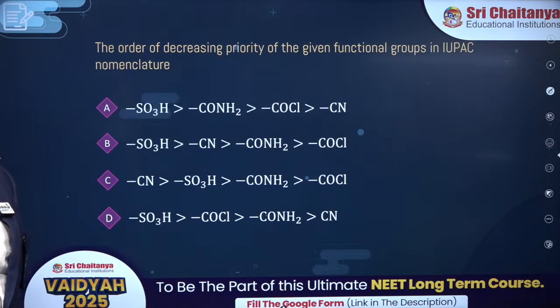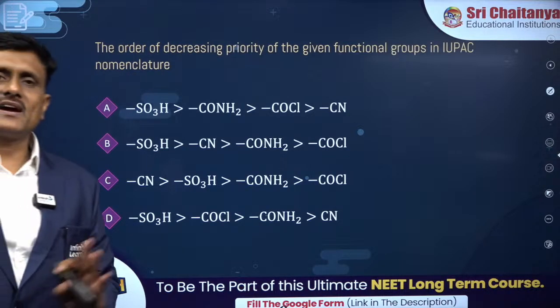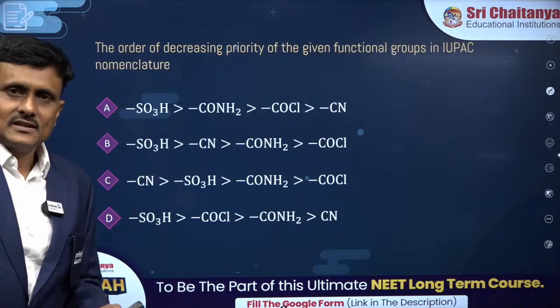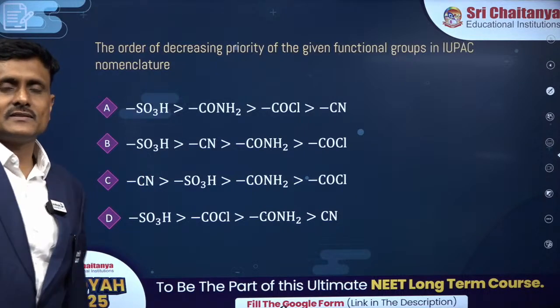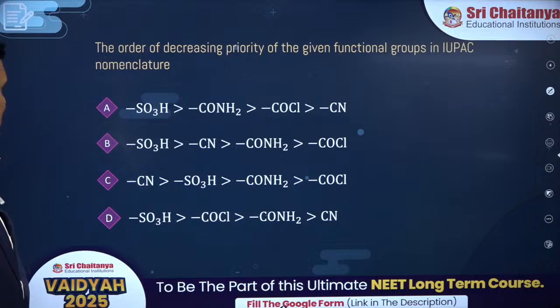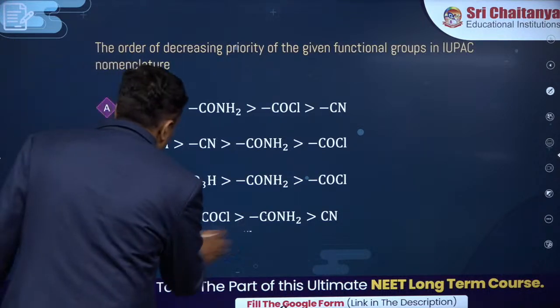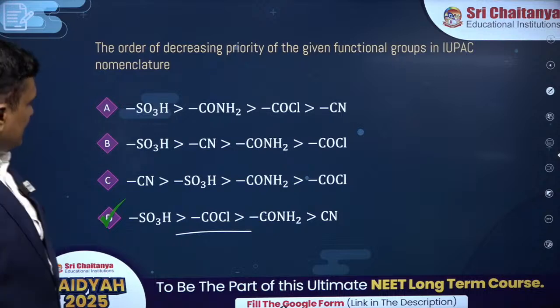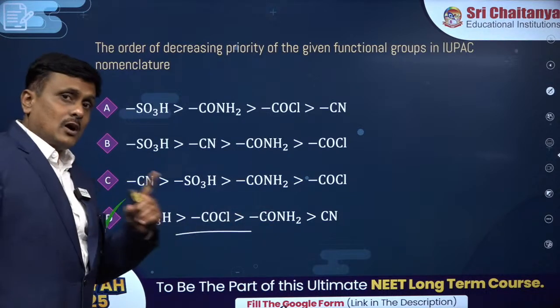Nomenclature question. Easy, isn't it? Priority order that you have studied. Sulfonic acids are the king of acids among all organic acids. Therefore, sulfonic acids are given more priority, but you can see you are given 3-4 options like that, right? After that, depending upon reactivity, acid halide comes. If you can make out that acid halide is higher, how would I know that?